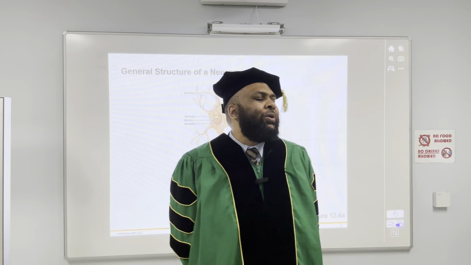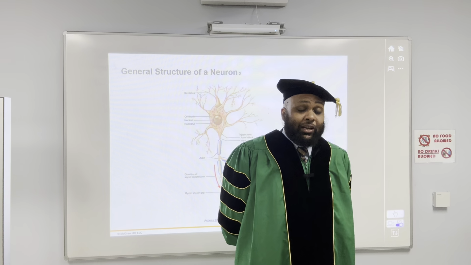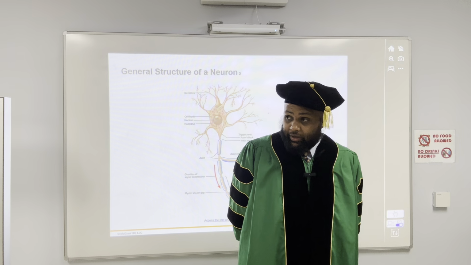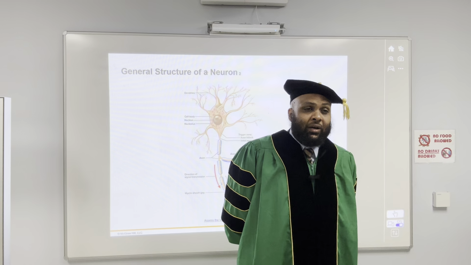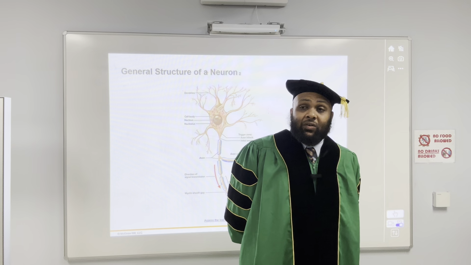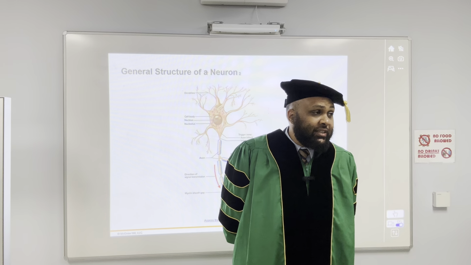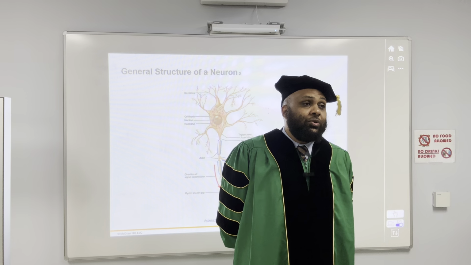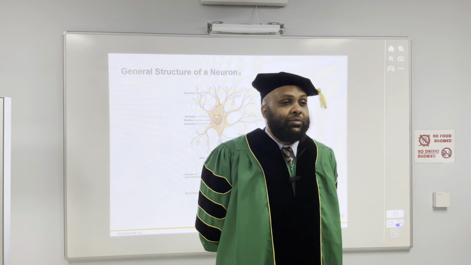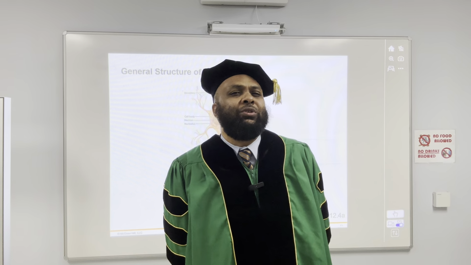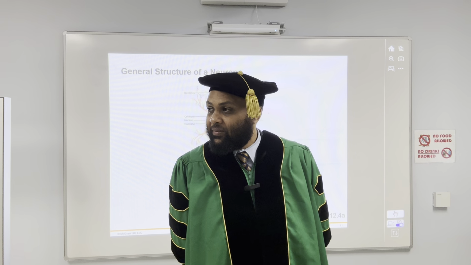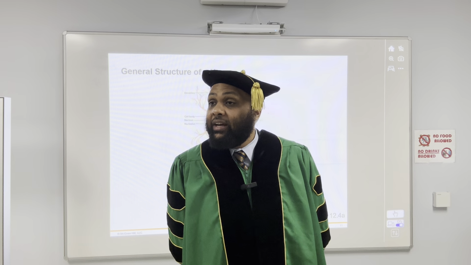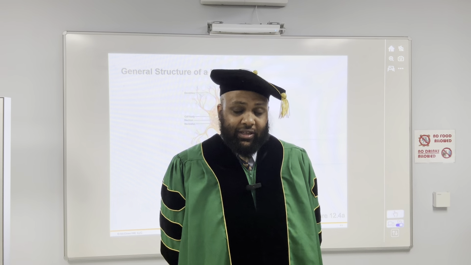There is an autoimmune disease. If you remember last week when we were talking about myasthenia gravis. We said in myasthenia gravis, your immune system... what did we say an autoimmune disease is? What's an autoimmune disease? Yeah, excellent.